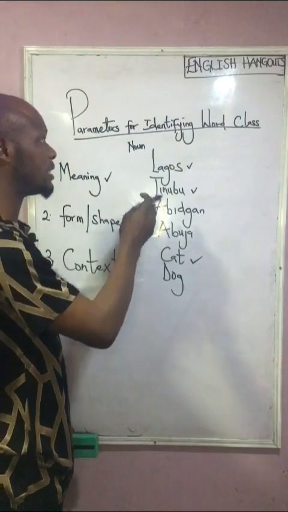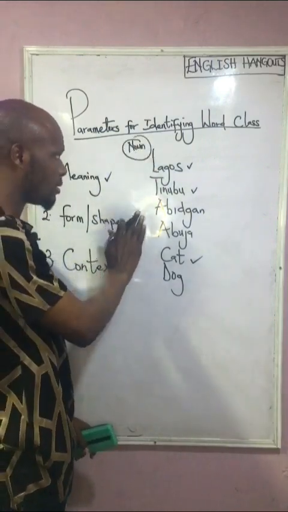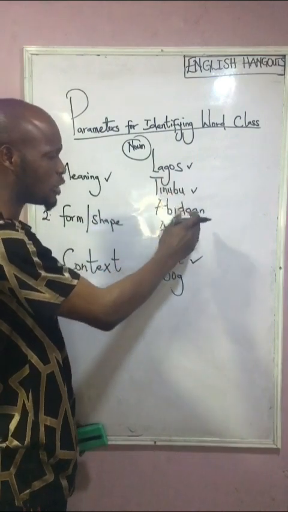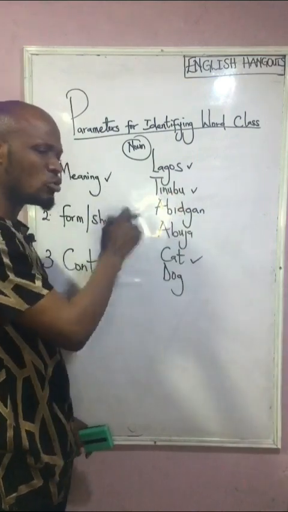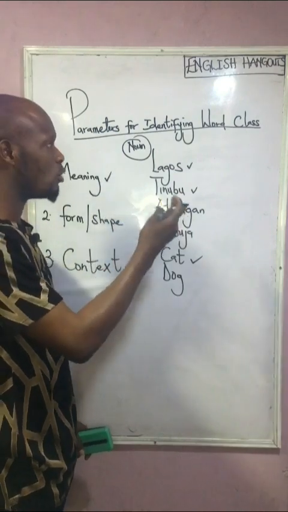They are automatically naming words. As a result, the meaning that each of these words conveys can be used to identify whether it is a noun or a verb.